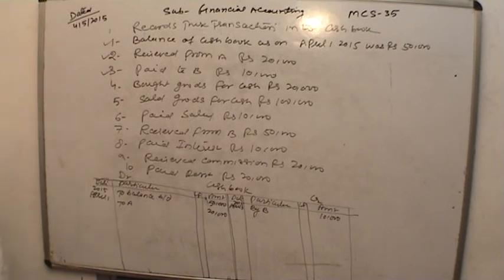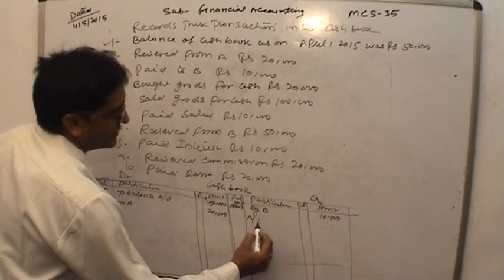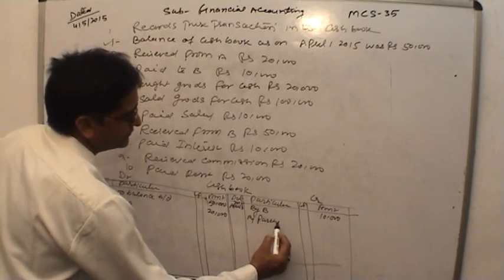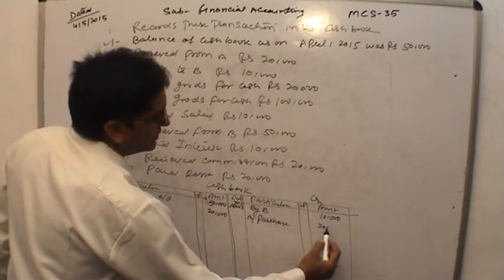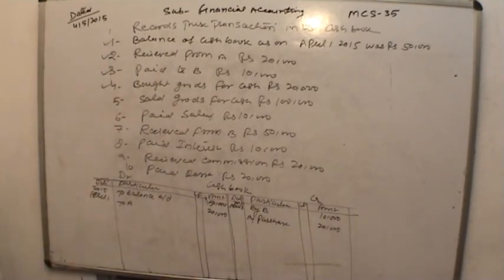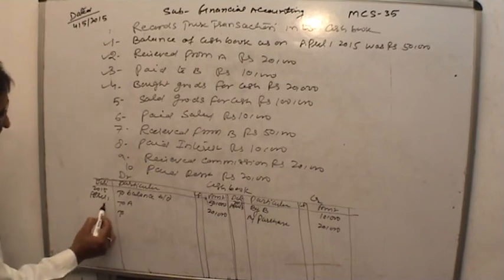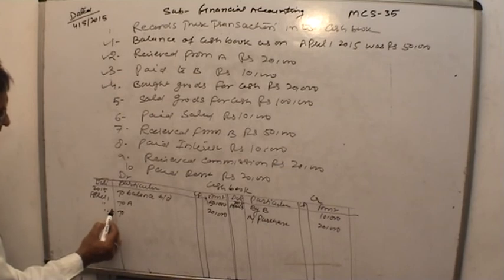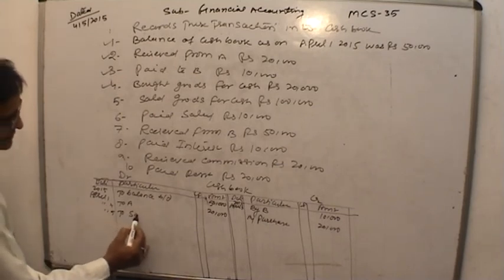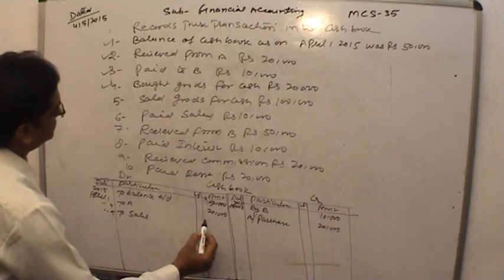Then bought goods for cash rupees 20,000, by purchase 20,000. Then sold goods for cash rupees 1 lakh, to sale rupees 1 lakh.